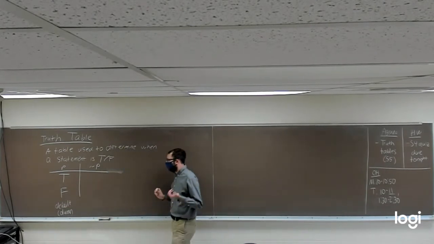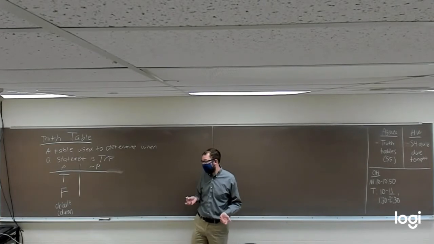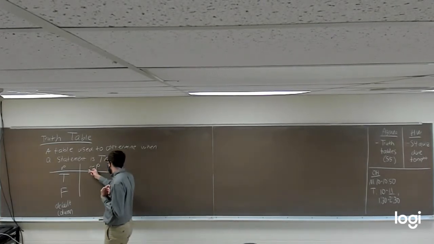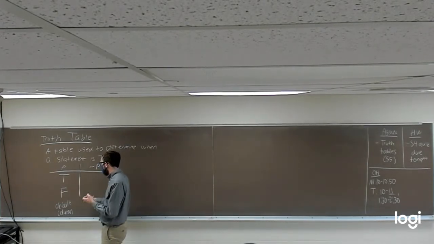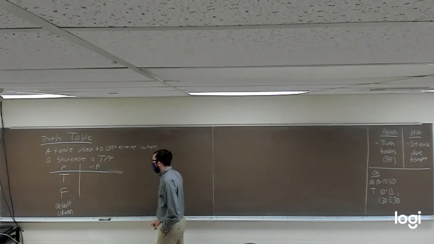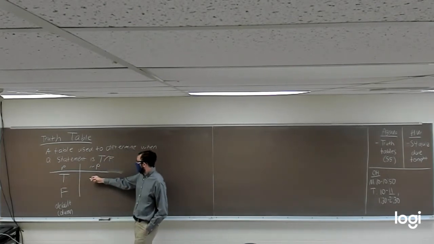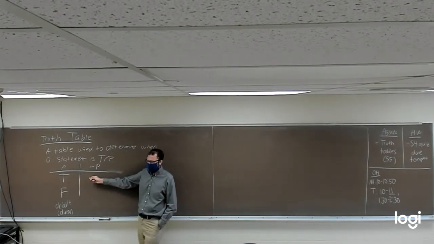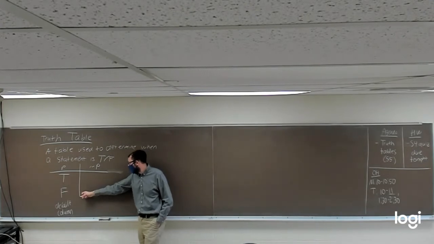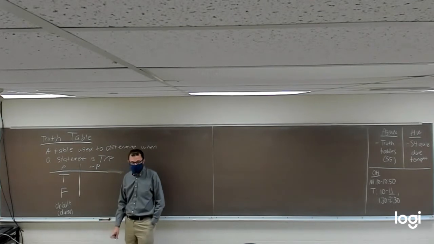The next column is not a default column because we can actually fill in this column based on information from the first column. And by that I mean, we could say if statement P is true, what does the negation of P have to be? And if the statement P is false, what does the negation of P have to be?